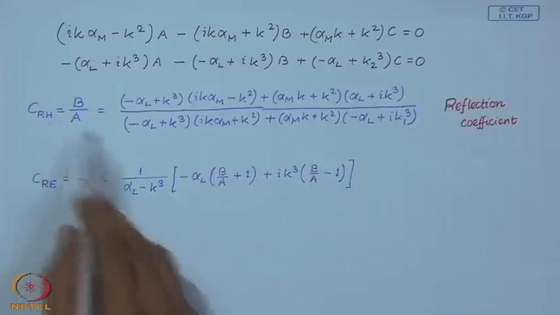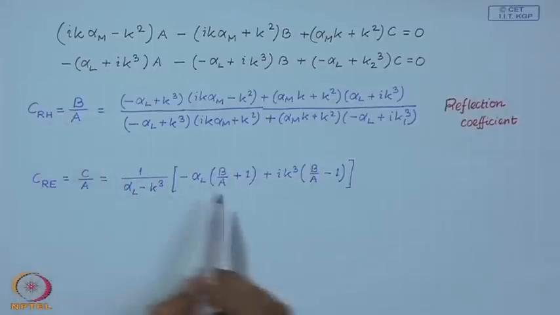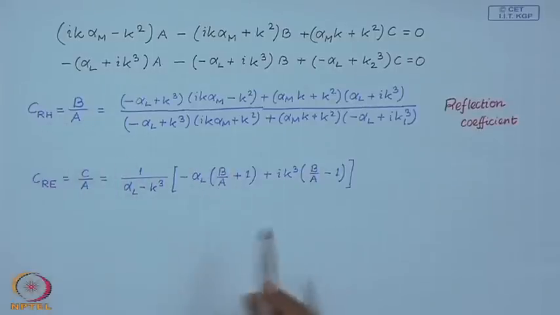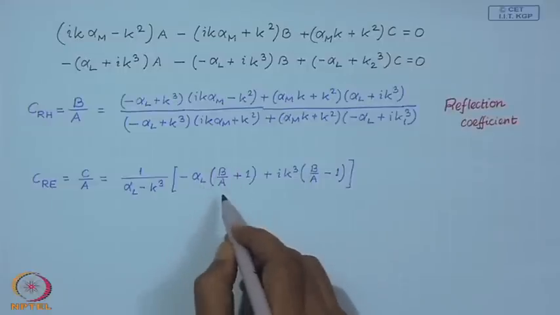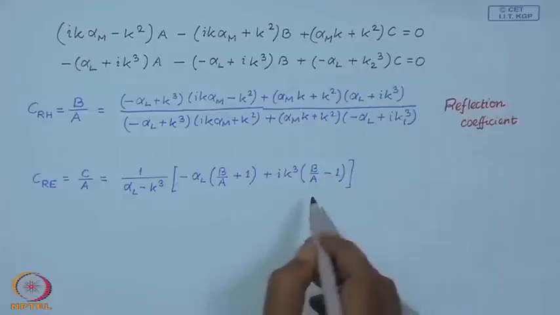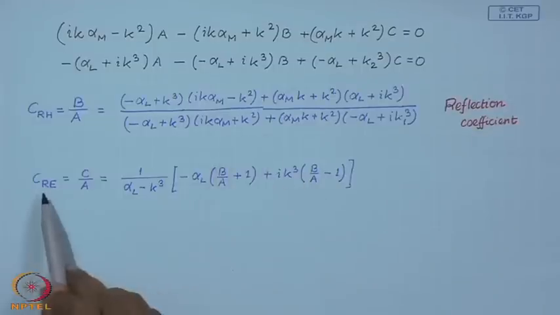Here you have to substitute the expression of B over A, the reflection of the harmonic wave. Once you do that, you can solve for the reflection coefficient for the evanescent wave. Now, we can consider various special cases.